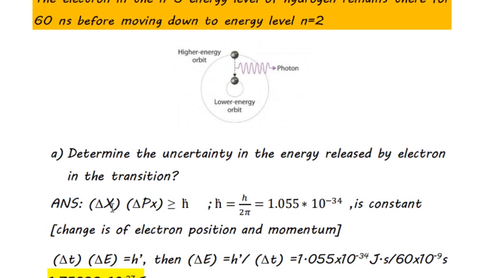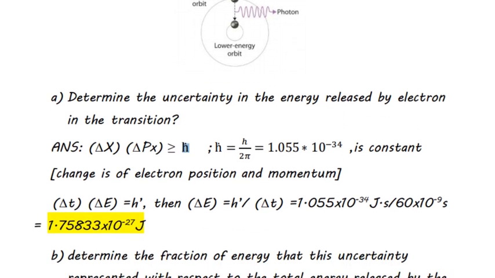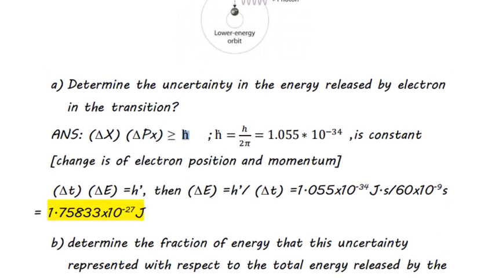This is the uncertainty in the position, and this is the uncertainty in the momentum. It has to be larger than or equal to h prime, which is a constant value. In the same way, we define the energy from the Heisenberg principle, and we have delta t, which is defined to be 60 nanoseconds, and h prime, which is the same value.